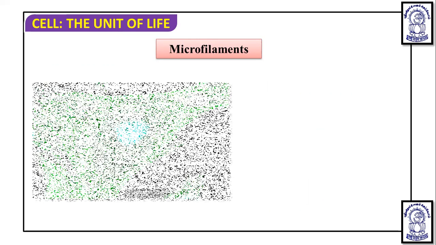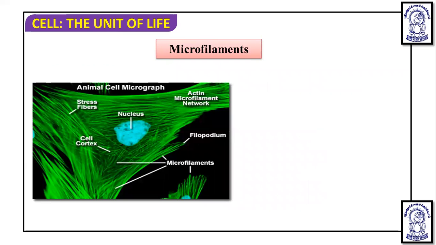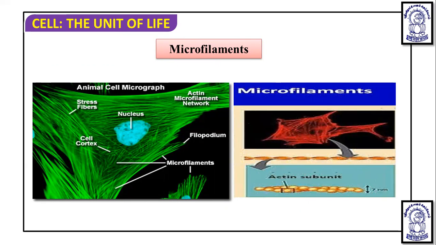Let's talk about the first, the microfilament. These are filamentous structures which have actin proteins and help in their formation. Microfilaments are found in the eukaryotic cell.